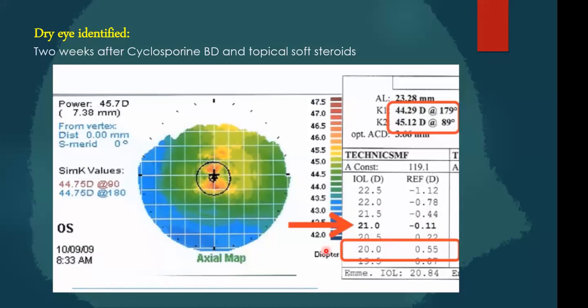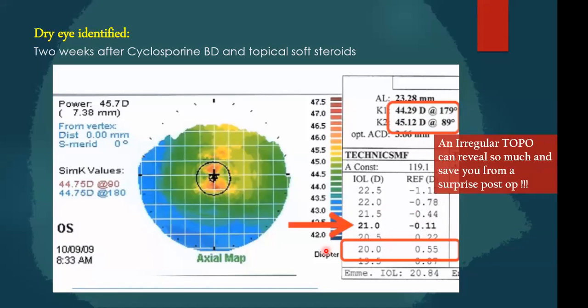And if we had implanted a 20 diopter lens, he would have landed up in a hyperopic error, which he would have been extremely unhappy with. So an irregular topography can tell you so much and actually save you from a refractive surprise post-operatively. So even the smallest of changes can be picked up with a simple device such as a placido-based image, and you can actually benefit your patients immensely, even your cataract patients.